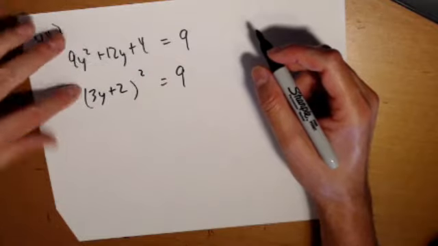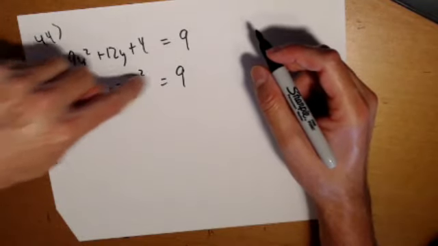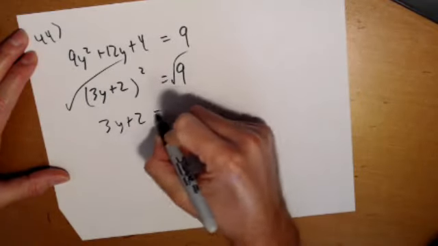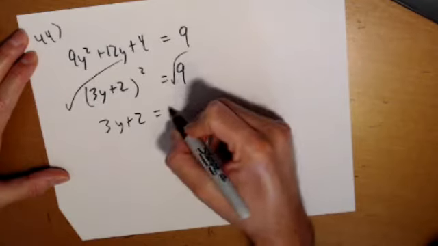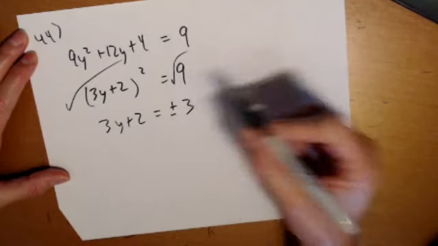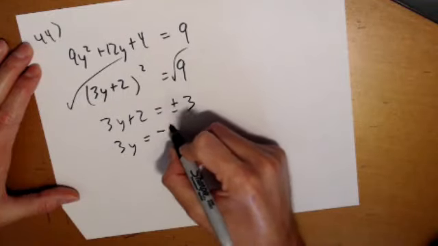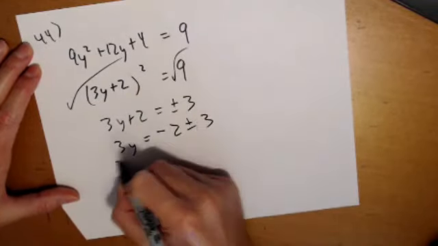So they set it up nicely so that the left side can be rewritten as something squared. And then we're back where we were. Square root. 3y plus 2 is equal to the square root of 9, which is 3, right? But you took the square root, so plus or minus 3. So 3y is equal to negative 2 plus or minus 3. Divide by 3.